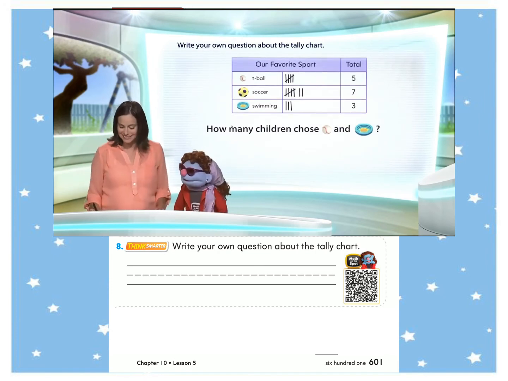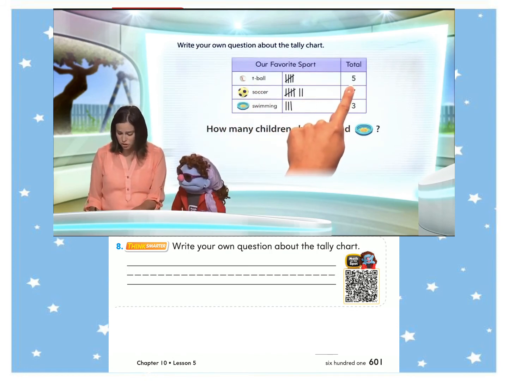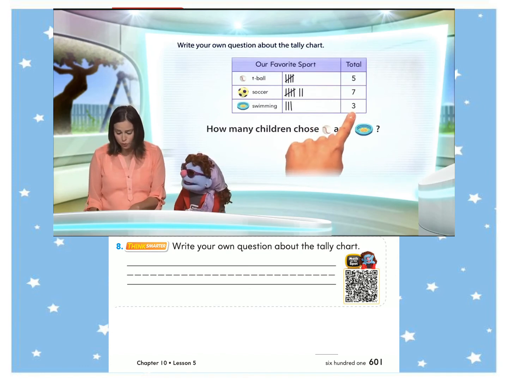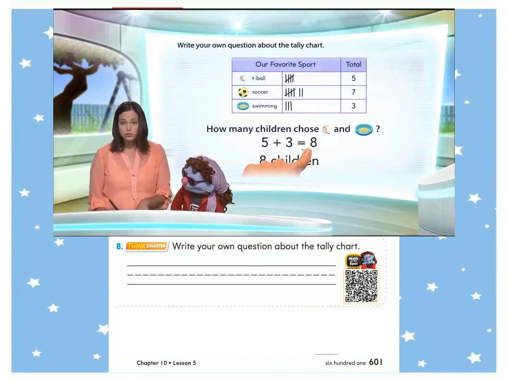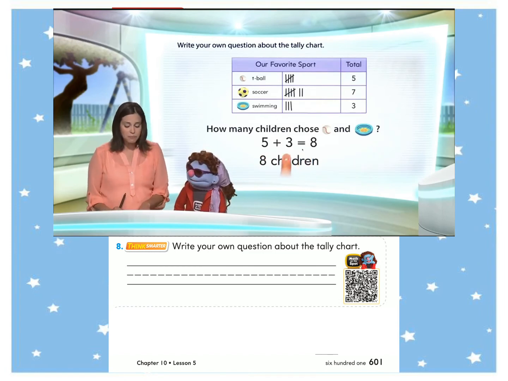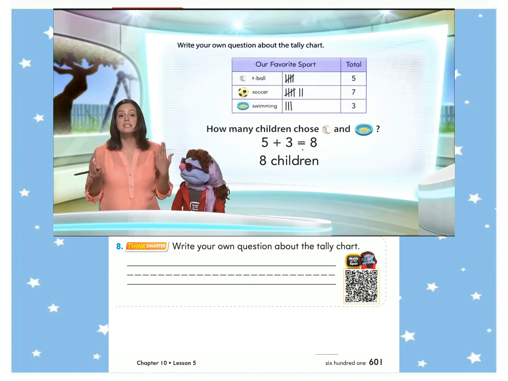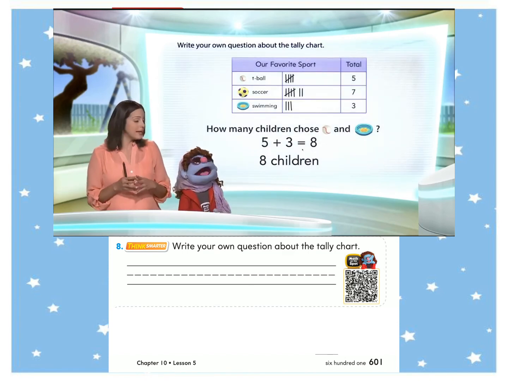So where is my t-ball? Here's my t-ball. 5 children plus swimming, 3. 5 plus 3 is equal to 8. 8 children chose t-ball and swimming.